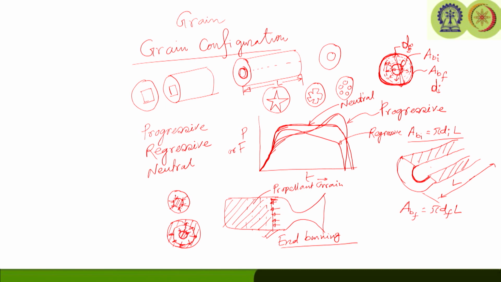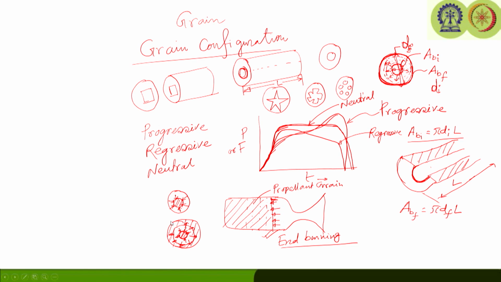So, somehow they may compensate each other and it is going to create a neutral type of burning profile. So, this is possible. It is not only that end burning can only give the neutral burning, but there is a possibility that a combination of two different grain configurations can also give us the neutral burning.